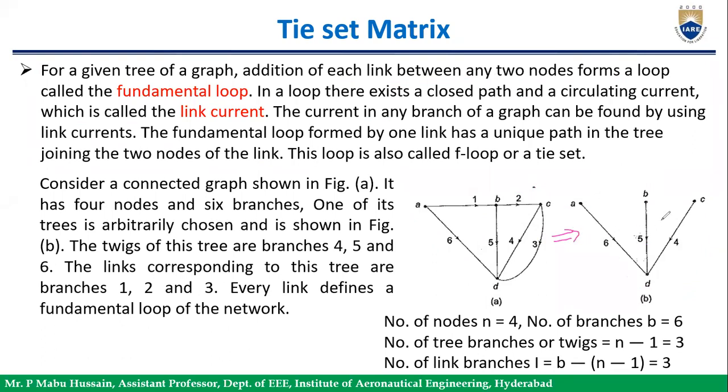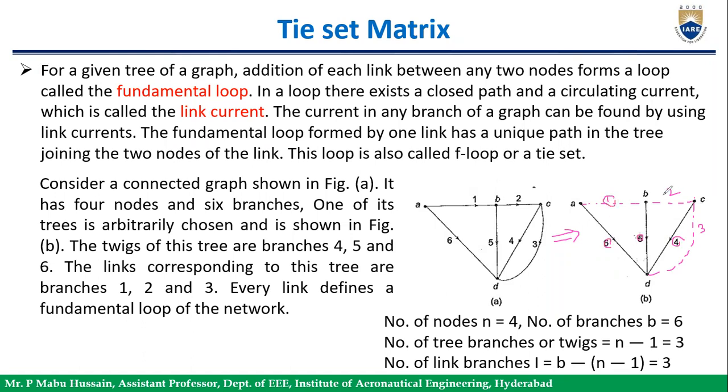So from this graph, we developed one tree. Here we removed some of the branches, which are 1, 2, 3. With 4, 5, and 6 we formed a tree.